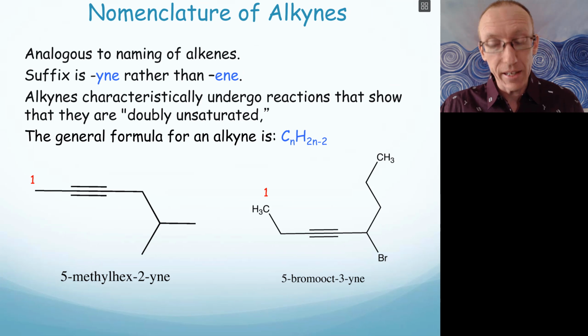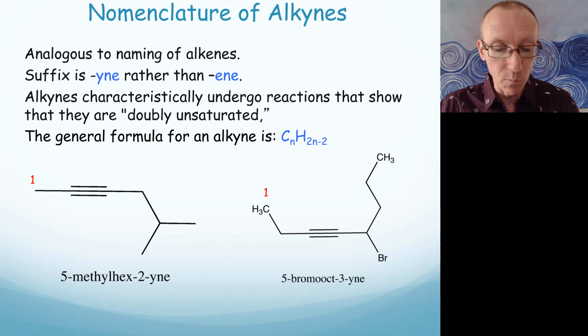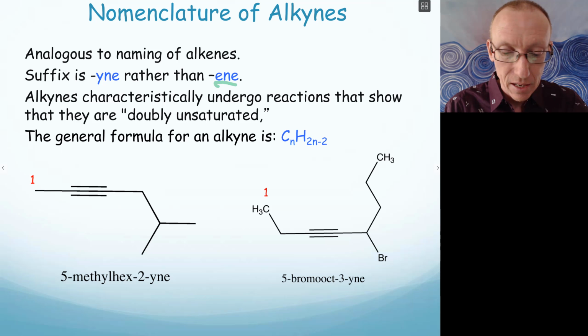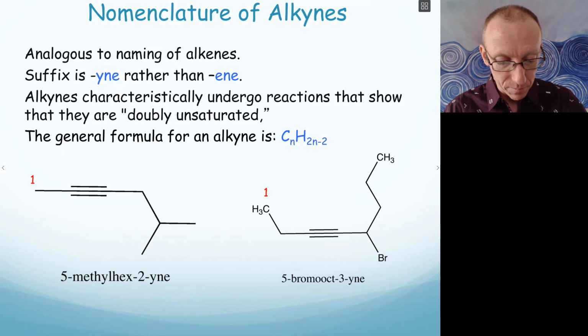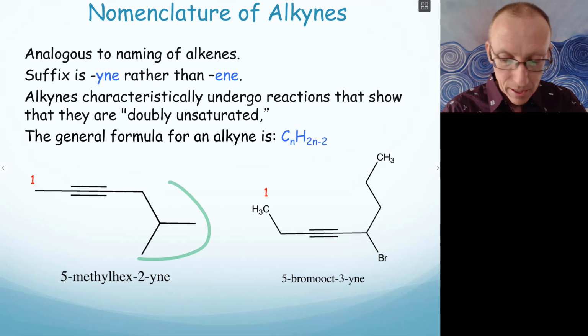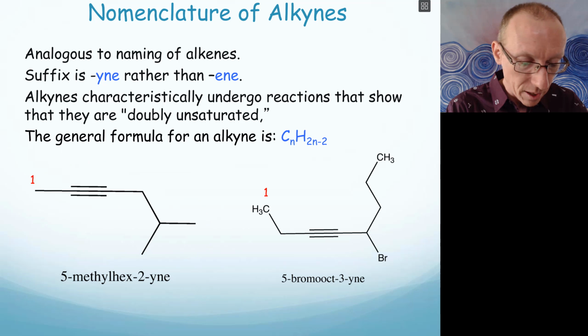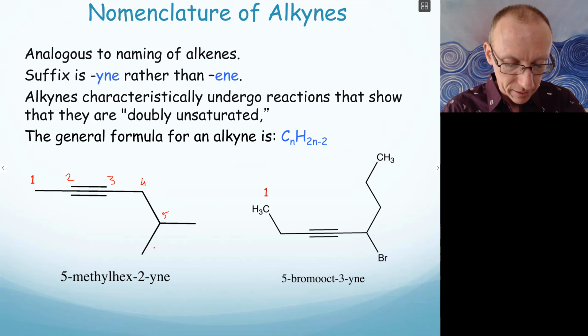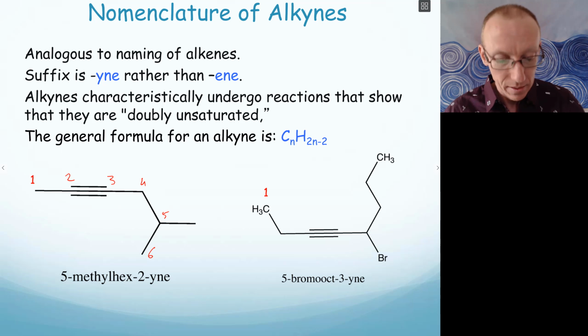For alkynes, it's really analogous, so we name them exactly the same way, but instead of -ene, we name it -yne. So this molecule here, we started naming at the end closest to the alkyne. So this becomes 1, this becomes 2, 3, 4, 5, 6. So it's a hexyne.